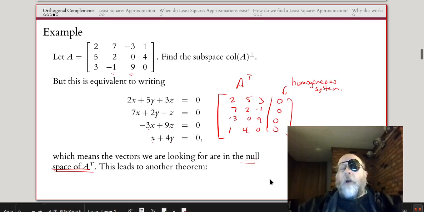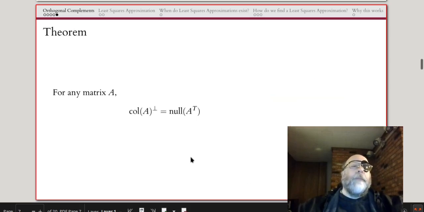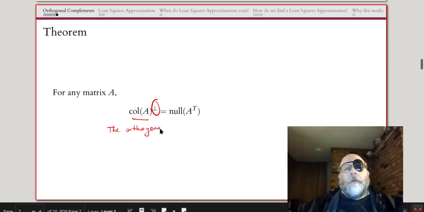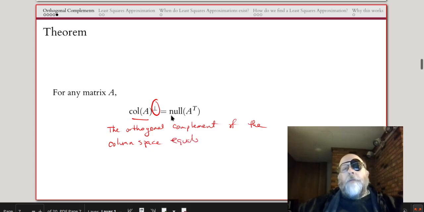And so this is our other theorem for the day, that for any matrix, the orthogonal complement of the column space equals the null space of the transpose.